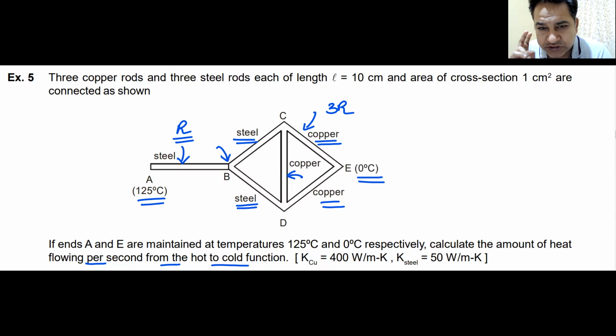The temperature of the junction B and the value of thermal current. That is what I'm looking at.